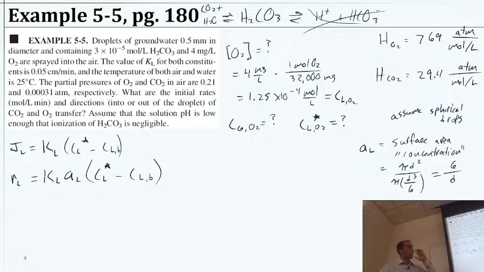We convert the oxygen from milligrams per liter to moles per liter, so now we have the concentration of the liquid phase oxygen. Now we need the concentration of the gas phase oxygen. We can get that with the ideal gas law, PV equals nRT, and use that in conjunction with the Henry's law constant to make the comparison.